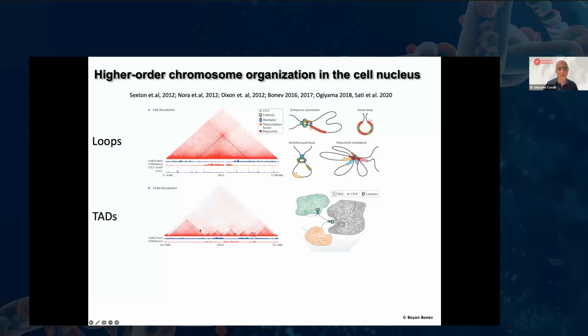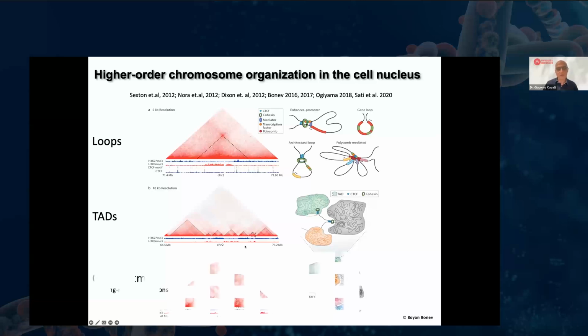And as soon as we move out of the domain and we look into the flanking parts, we have other, let's call them triangles, that have high frequency interactions within, but interact much less with the neighboring domains. So these have been dubbed in multiple ways: physical domains, chromatin domains, and maybe the one that is most used is topologically associating domains, or TADs.